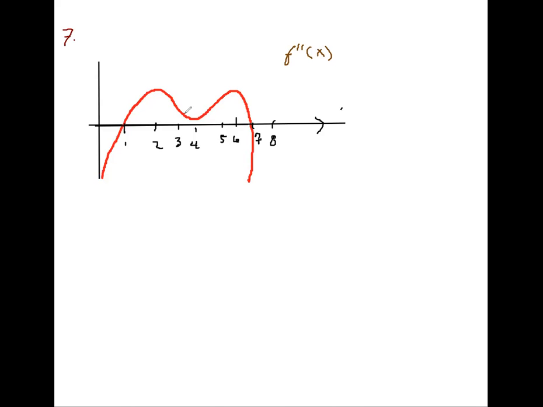In the book, this does come down and touch the 0 line here at 4. The way that I drew it, though, it doesn't. So the only 2 points where the double derivative would be equal to 0 are here at x is equal to 1 and x is equal to 7. Does that make sense? Awesome. Okay. And if you look at how it is drawn in the book, x is equal to 4 would be included in there. But I didn't draw it that way because I'm not very good.